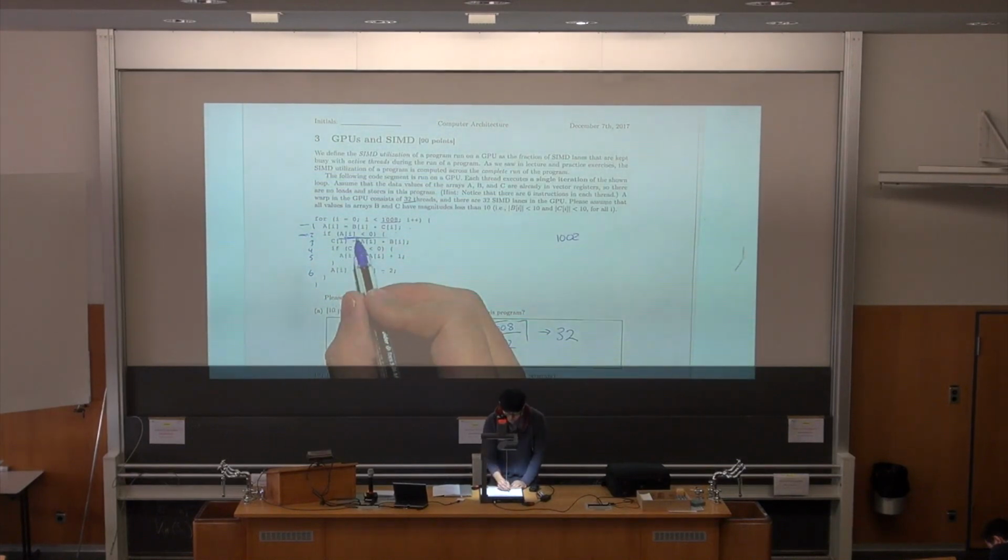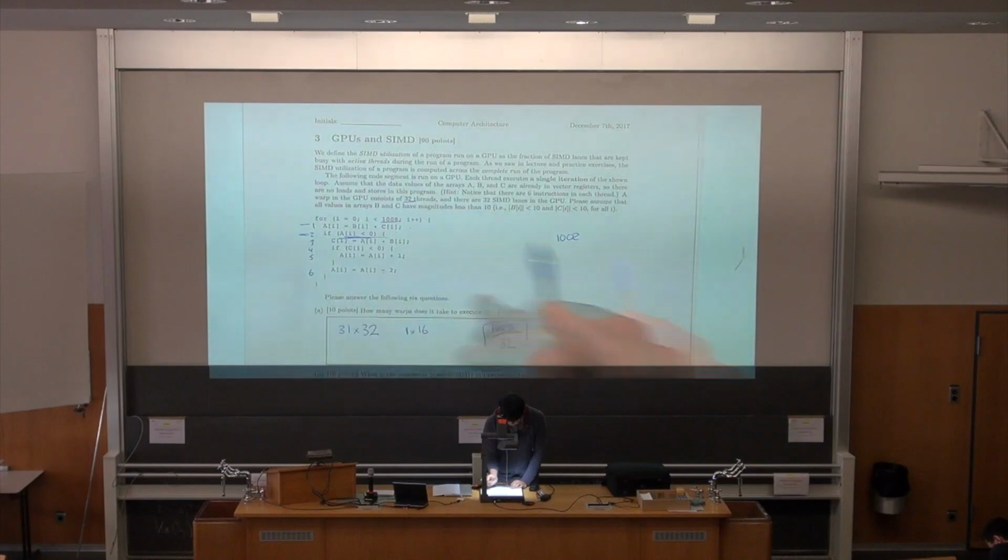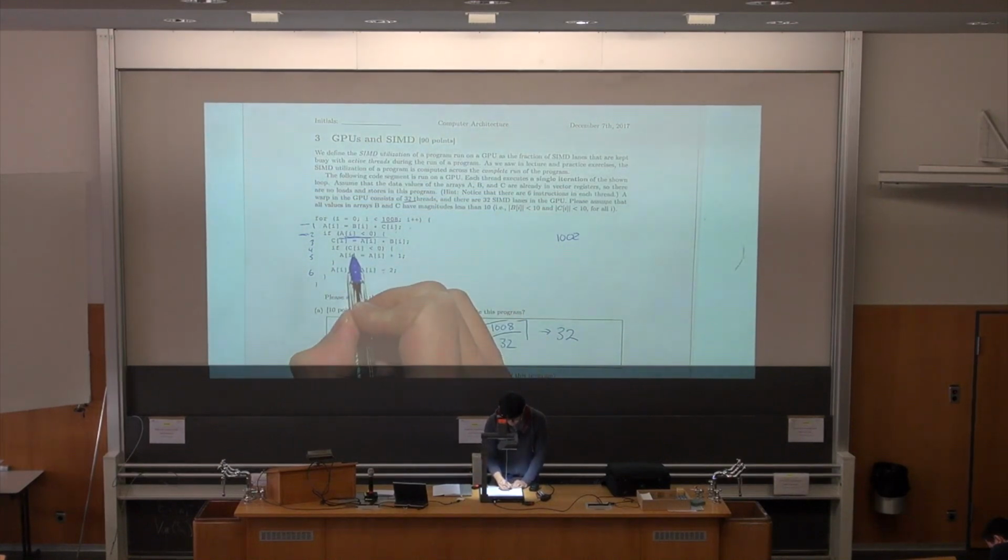Then there's also the case where this branch is taken by all threads, and the next branch is all taken by all threads in a single warp, or all not taken in a single warp. So either C of i has to all be lower than 0, or all be greater than or equal to 0.